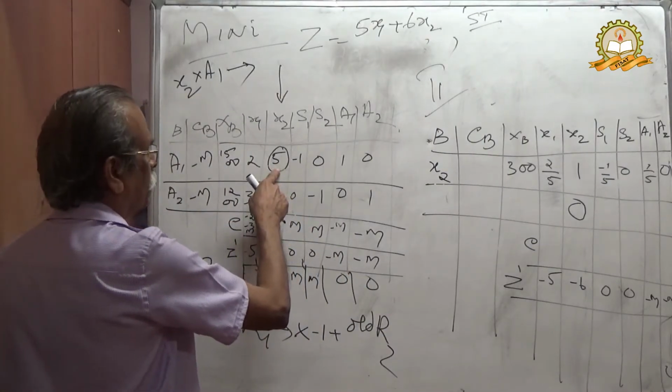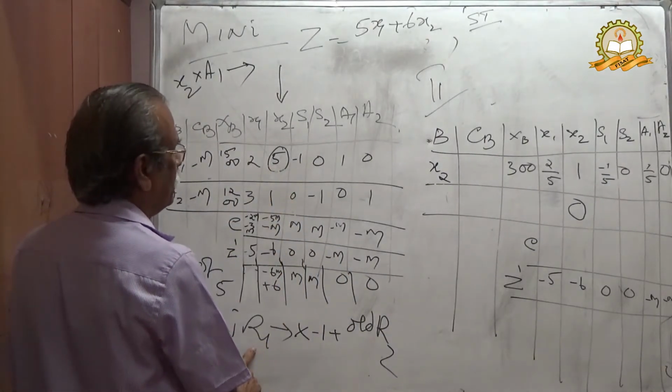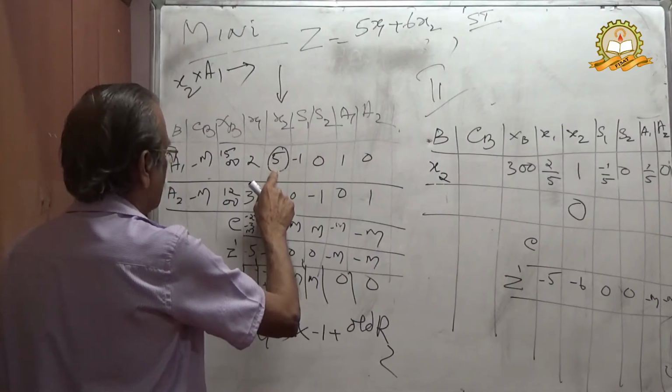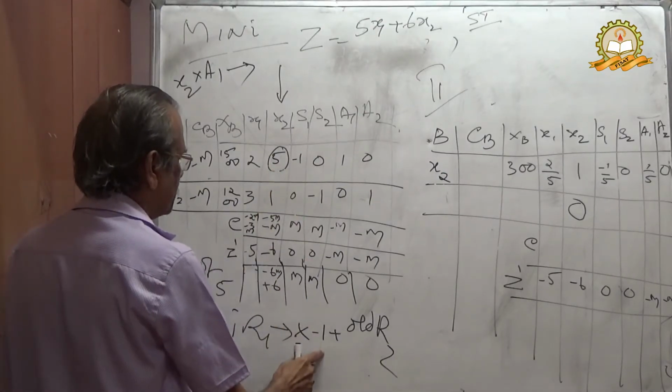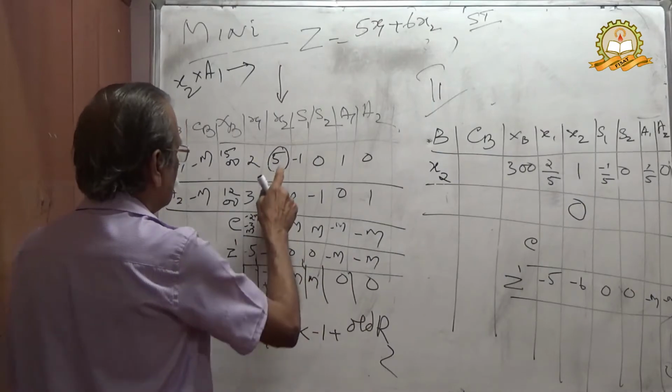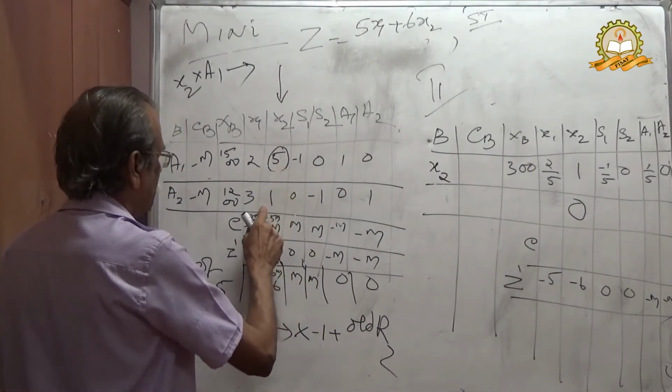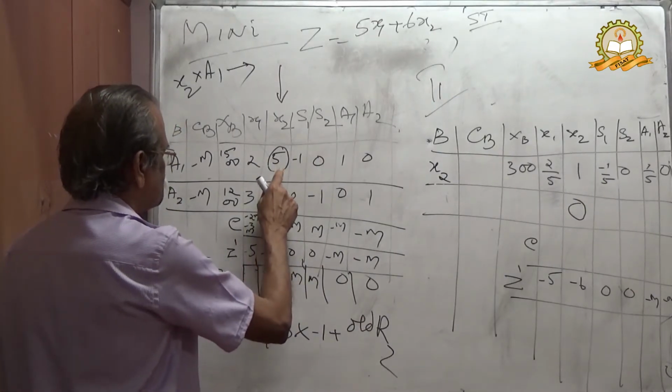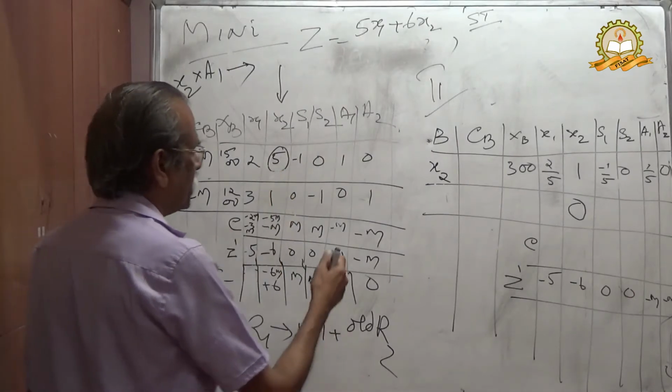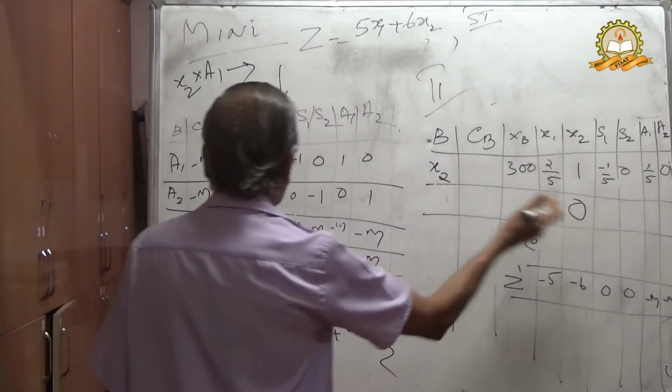New row R1 into minus 1 plus old R2. Here it is 1, you multiply that by minus 1 plus old R2. Already you have 1, make this into negative 1 plus old R2. Therefore, this becomes 0. Then come back.